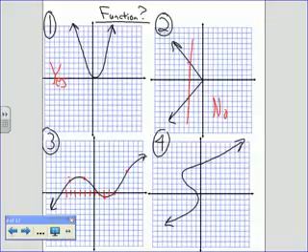Number 4? No. Because when I press this key, how many different sounds could I get? 3. There's this output, and there's this output, right? So it doesn't pass the vertical line test. So no.